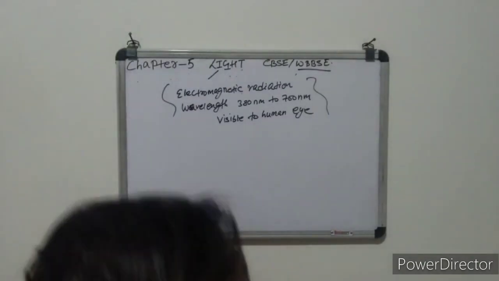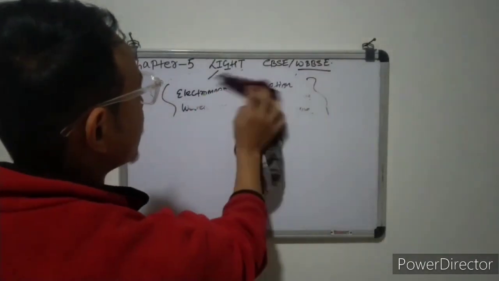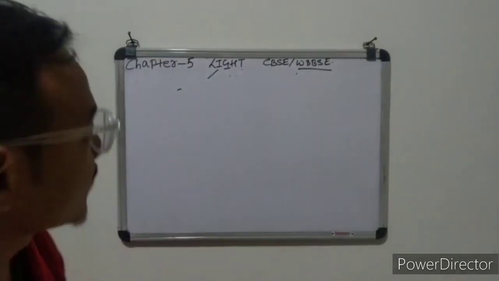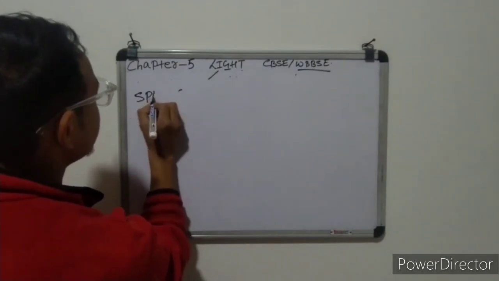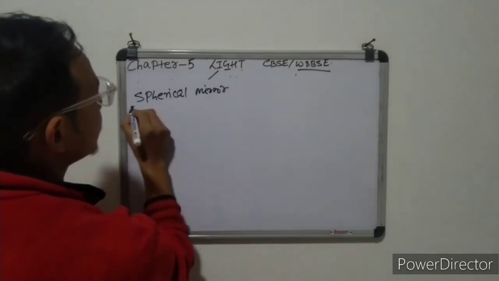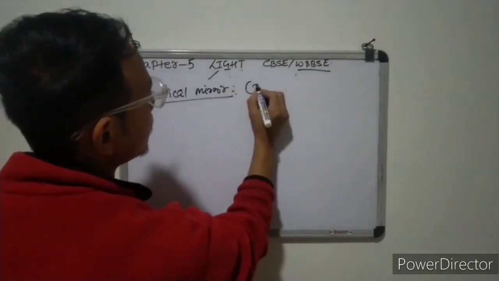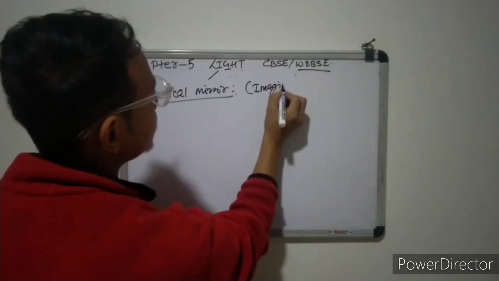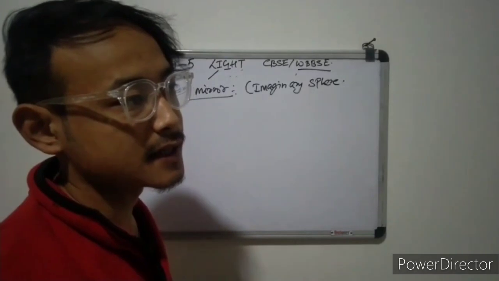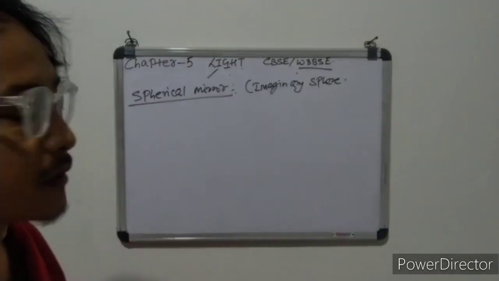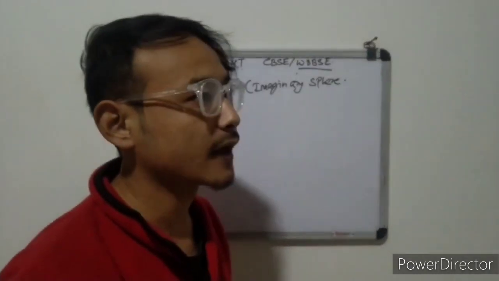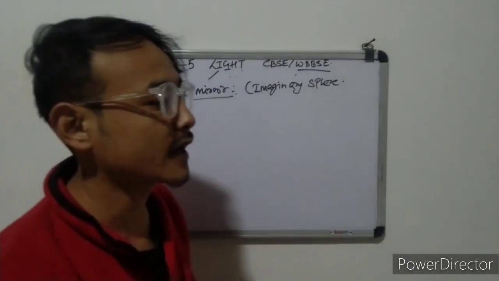Now, starting this light chapter, it consists of mirrors, that is, the spherical mirror. How many types of spherical mirror are there? Spherical mirror means it is an imaginary sphere, which consists of an inner part and an outer part, in which light is reflected outside and sometimes refracted inward.